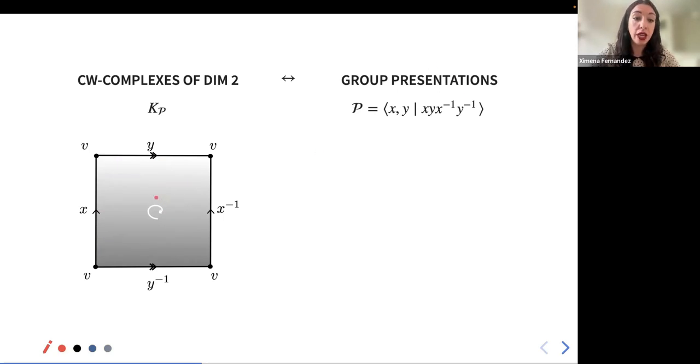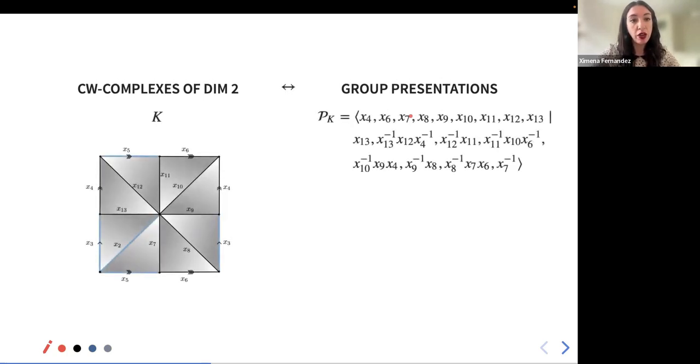Also you have a cell of dimension 2 for every relator. The attaching map is related to the relator, the word that describes the relator. Of course, you have to choose some orientation in the one cells. The property of this complex is that its fundamental group is the group represented by P.